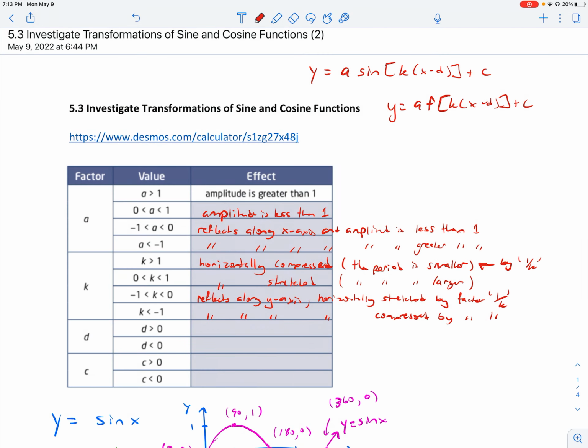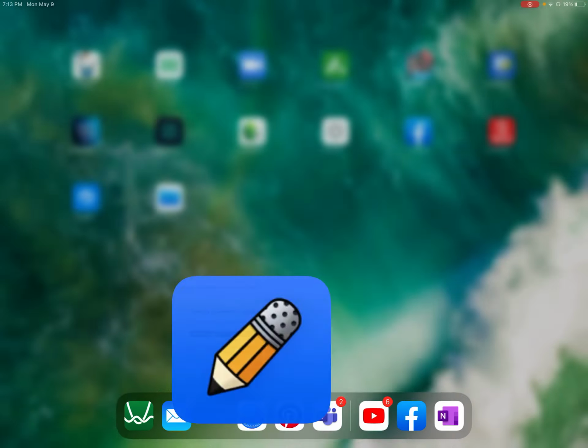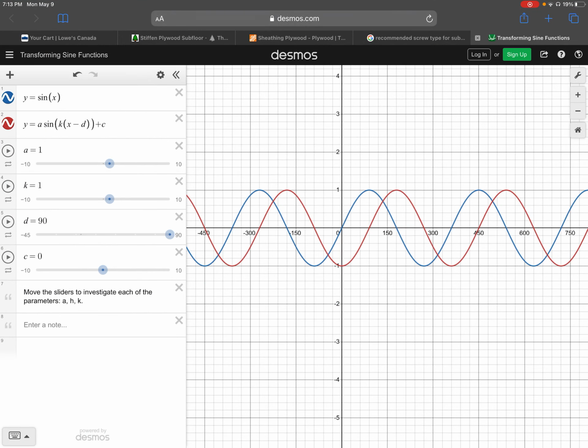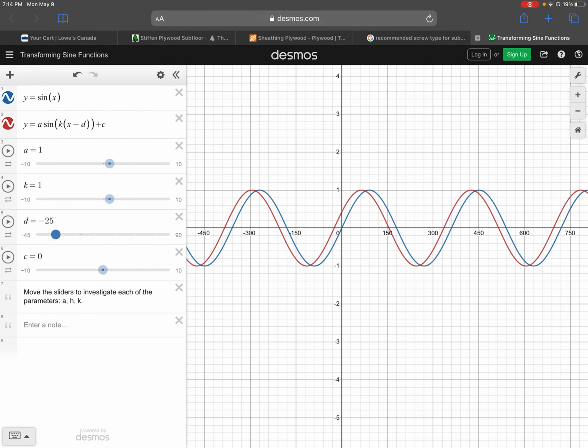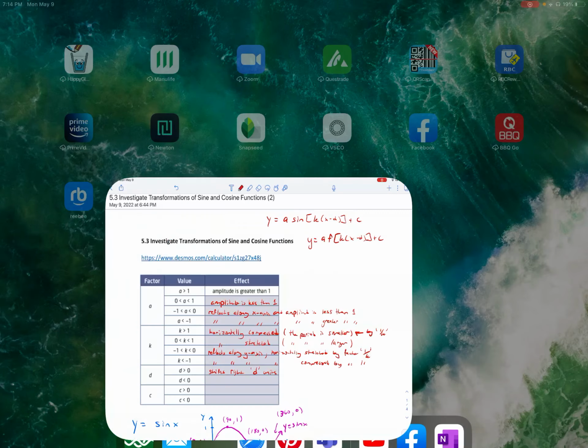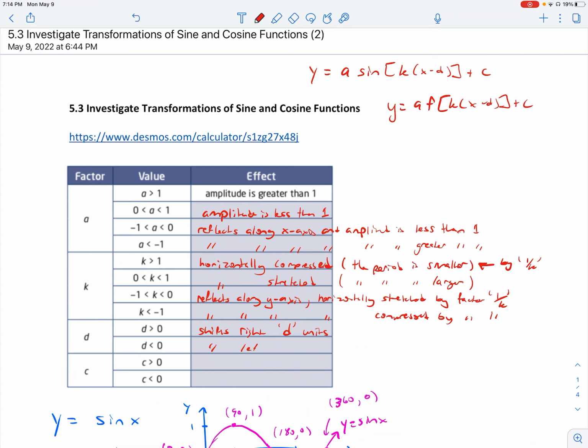So we can say shifts right D units, not 90 degrees. And if we go back the other way, if we make D negative, it starts going to the left. So we can say shift left D units.